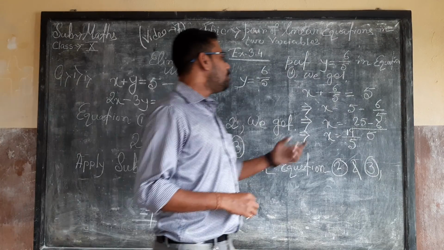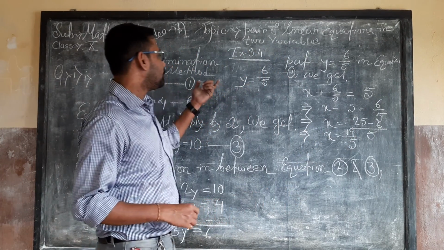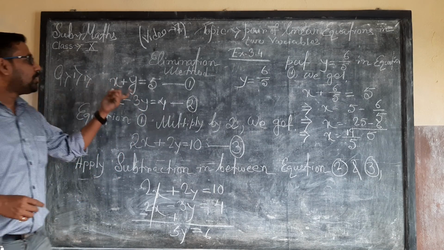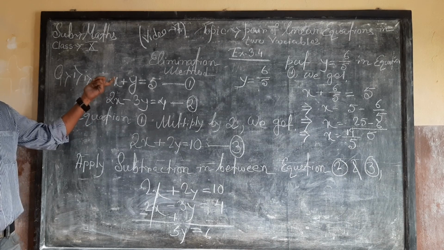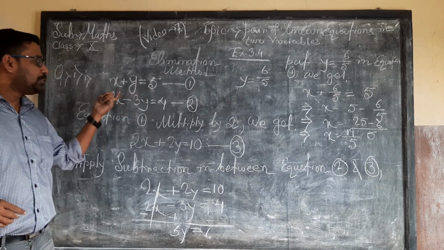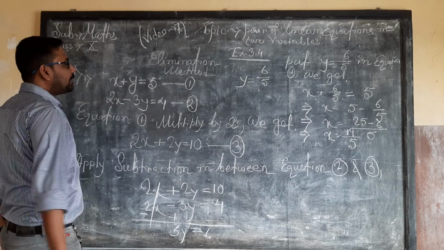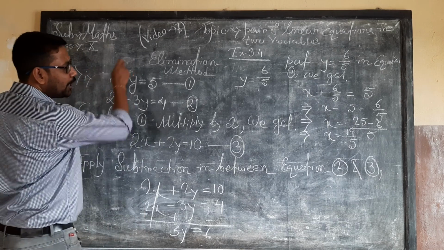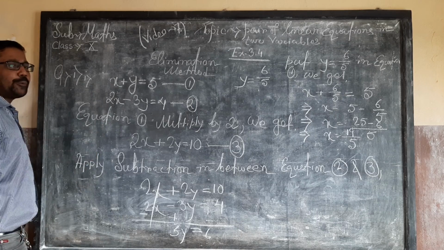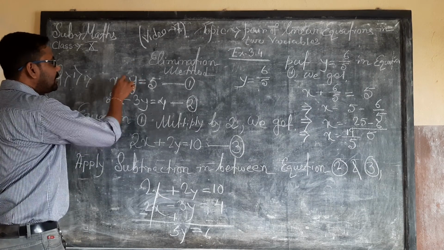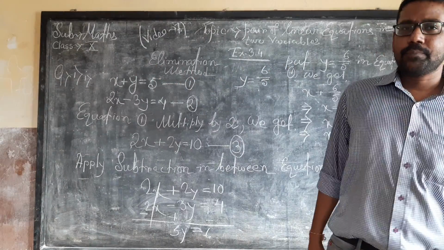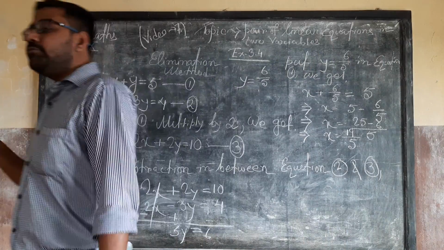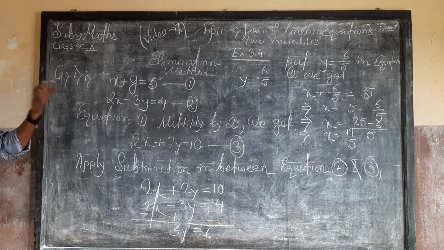After finding the values of x and y, for verification put the values in place of x and y in the left hand side of equation 1 or equation 2. After putting the values, 6 by 5 plus 19 by 5 gives 25 by 5, and the final result is 5. That means the left hand side is equal to the right hand side. So we conclude that our solution is absolutely right.